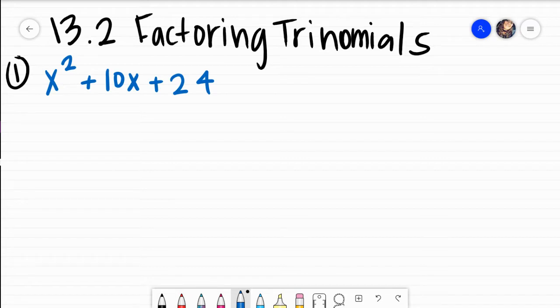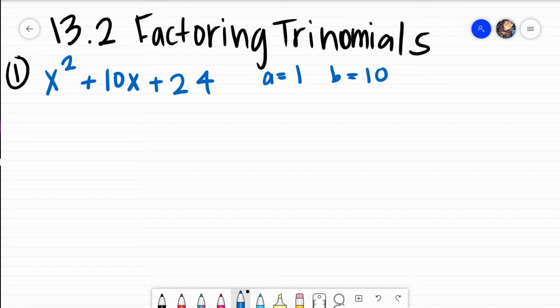Tri meaning 3, and my leading variable is of the second degree. So what we're going to do is identify our A, which would be the coefficient on my first term, which is just 1. My B would be the coefficient on my second term, which is 10.